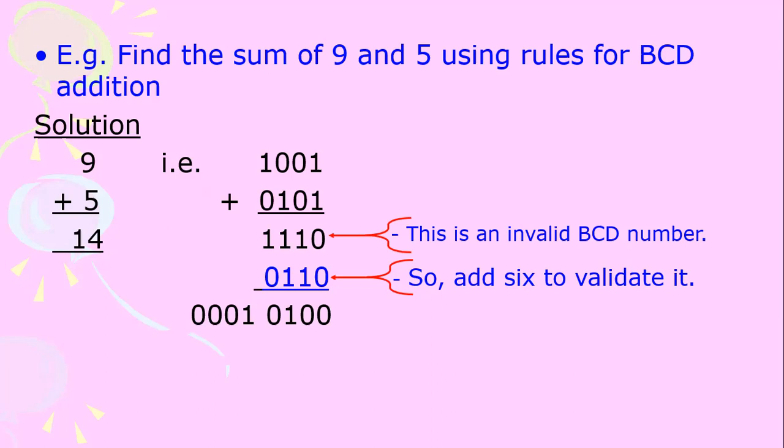For example, 1 is represented using its own binary equivalent, and 4 too. So after adding 6, we have validated the BCD result. Now we have 0, 0, 0, 1 representing our 1, and 0, 1, 0, 0 representing 4.